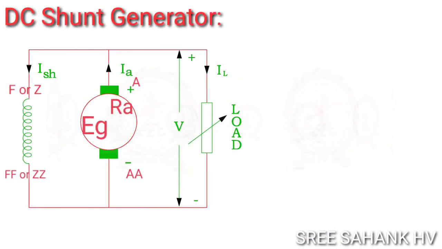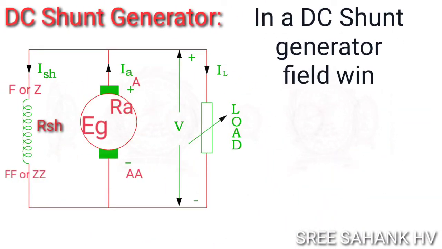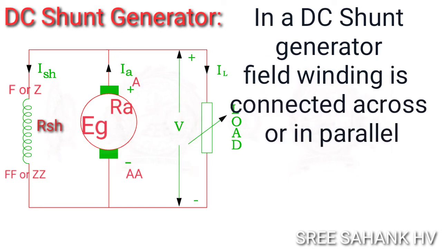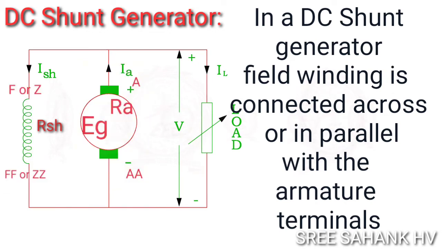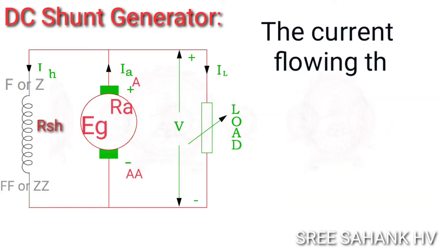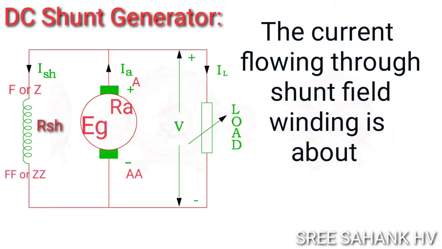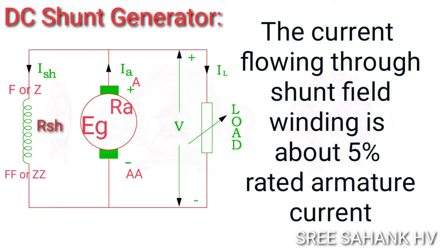Next is DC shunt generator. In a DC shunt generator, field winding is connected across or in parallel with the armature terminals. The current flowing through the shunt field winding is about 5% of rated armature current.